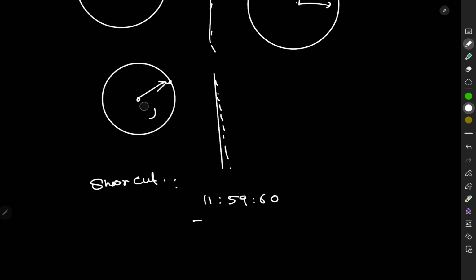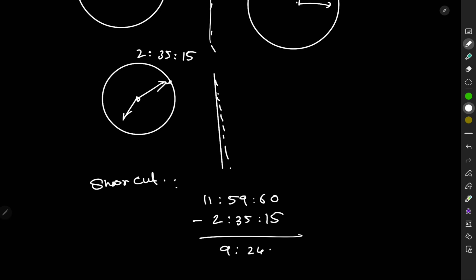Let's say it's like this, and the time is 2:35:15. Just subtract it from this, and the time shown in the mirror will be the answer, 24:45, and that will be the answer, fine.